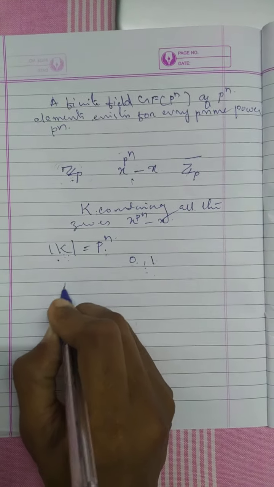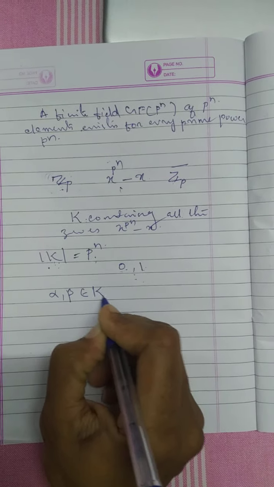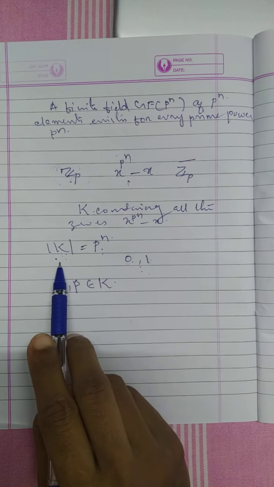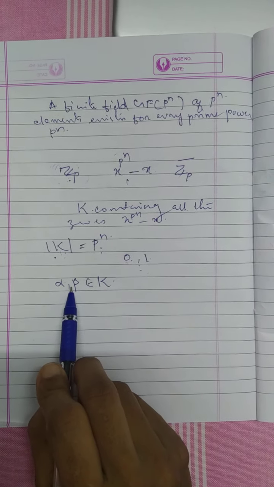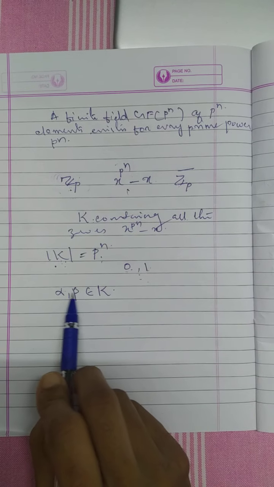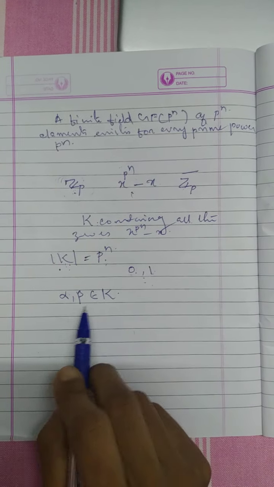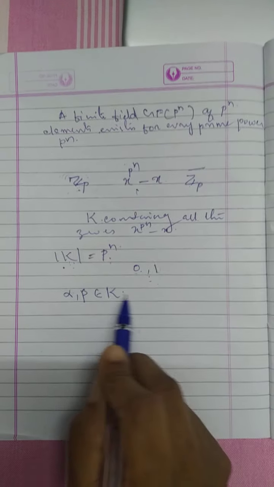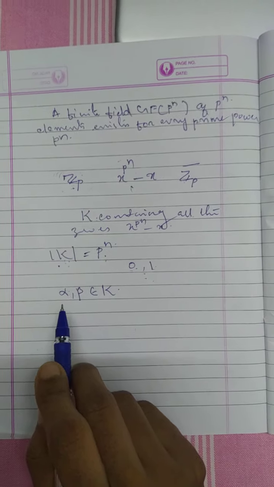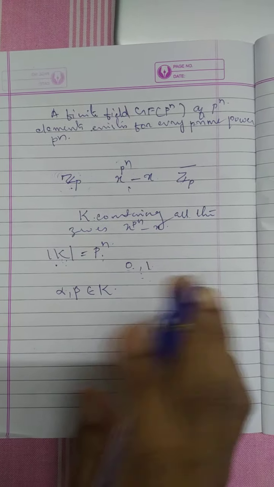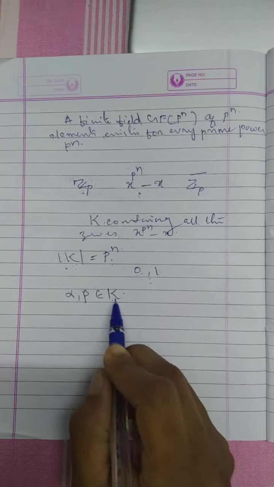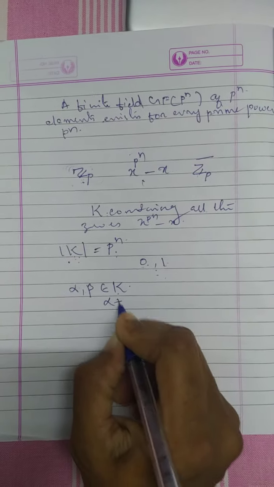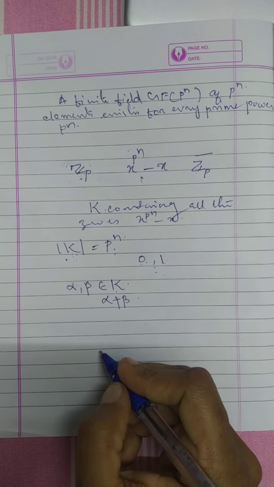You just take two elements, alpha and beta, from K. To prove K is a field, we have to show that alpha plus or minus beta, alpha into beta, alpha by beta, and the negative elements, that is, the additive inverse and the multiplicative inverse, minus alpha, minus beta, 1 by alpha, 1 by beta, all belong to K. So what about alpha plus beta?